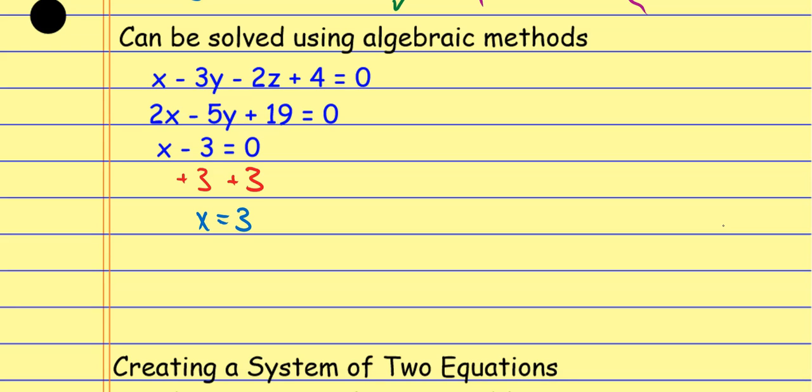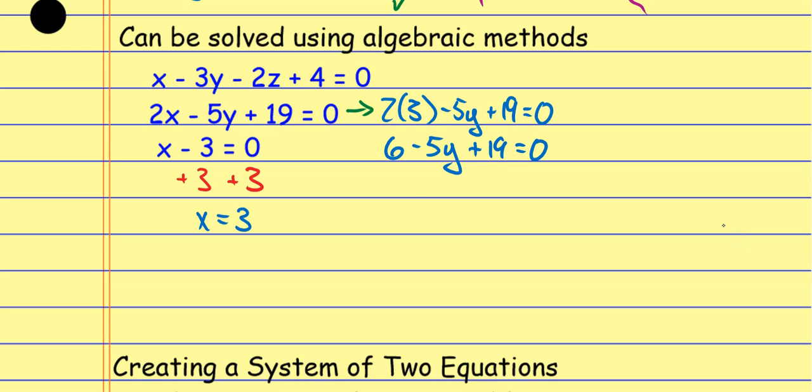Well, it should be pretty easy to jump up to one of these other guys like this guy and say, well, let me plug in the x and see if I can find y. So here I plug the x value in. And now I can solve for y. So I simplify just a little bit. I combine like terms.